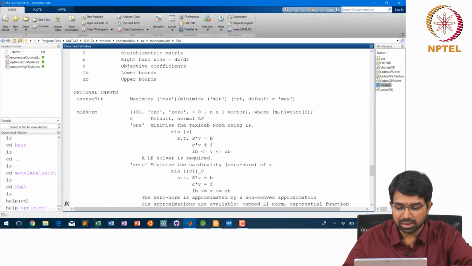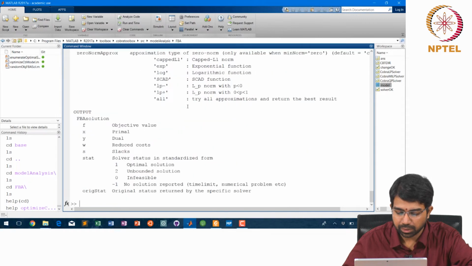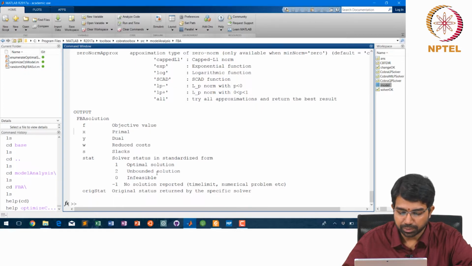Let us keep things simple for today's first lab on the COBRA Toolbox. Let us skip through most of these things. These are all optimization specific things. There is a primal and dual for every linear program. I will not get into those details, but any good optimization course will cover all of those.